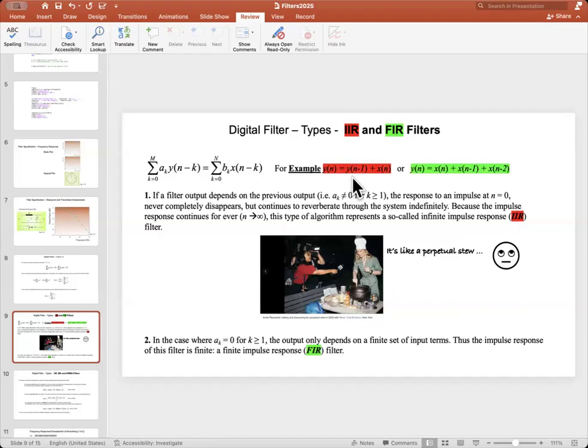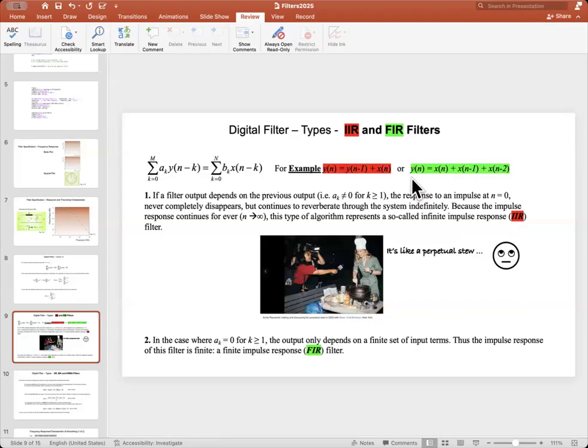The other one is a finite impulse response, and that's the example here in the green window. Since the output only depends on the current input and two steps behind, as soon as there is no input related to the unit impulse anymore in x(n minus 1) and x(n minus 2), there will not be any output related to that unit impulse from the past.